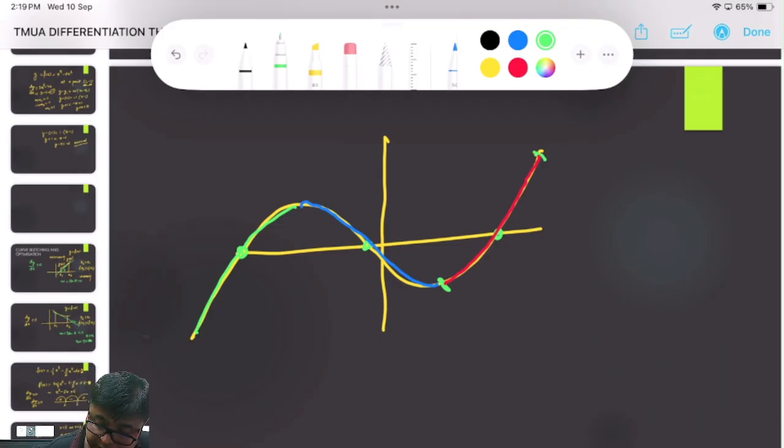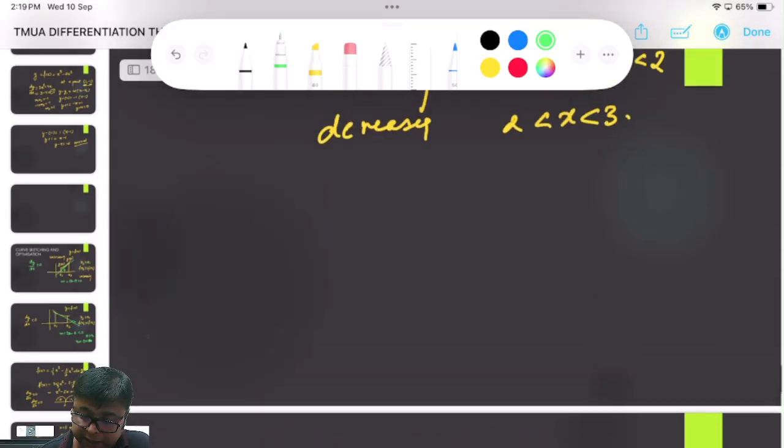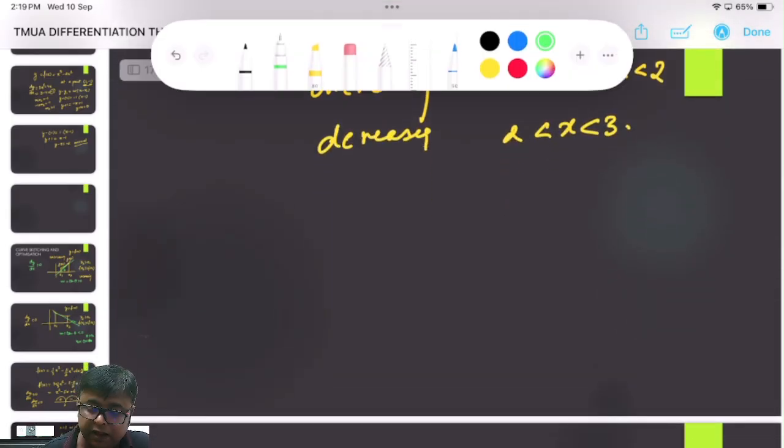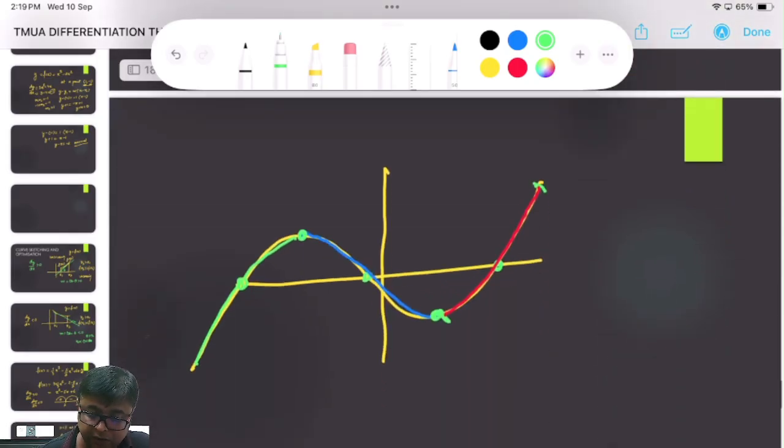But at these points, right here, the slope is becoming zero. So slope is positive, negative for increasing and decreasing respectively, but at the endpoints of the interval, which I didn't include, like 2 or 3 in this case, you can see the derivative becomes zero because the tangent will be parallel to the x-axis and the slope of the x-axis is zero.